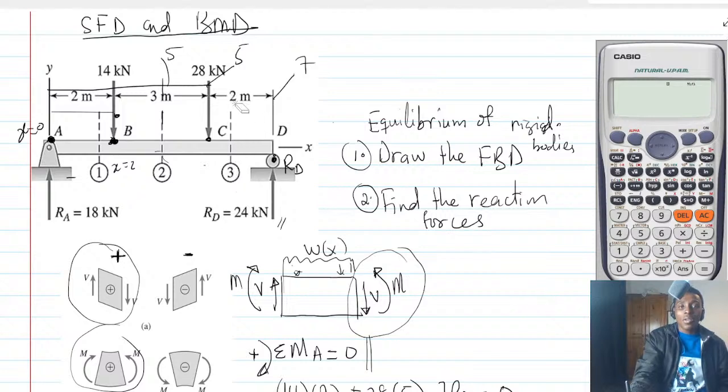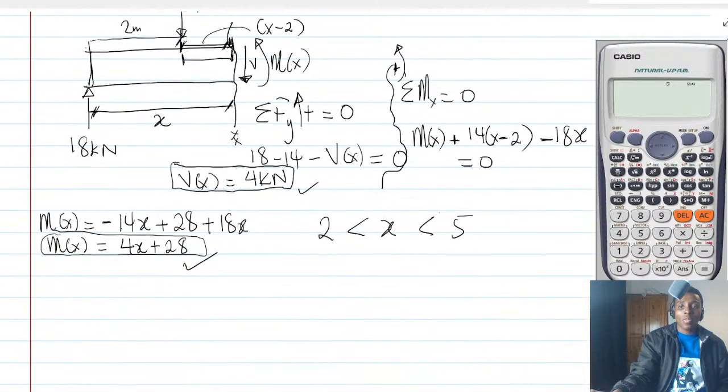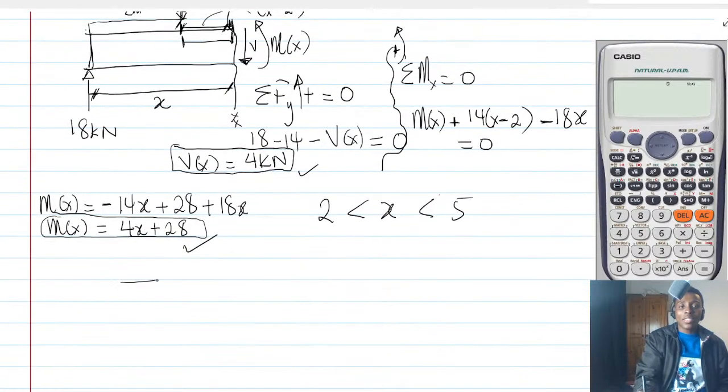Or, okay, let me just do that. Let's cut this portion, alright? And then what we are going to do is that we will look at all the forces up to this point. So we have 18, 14, 28. So it looks like something like this.